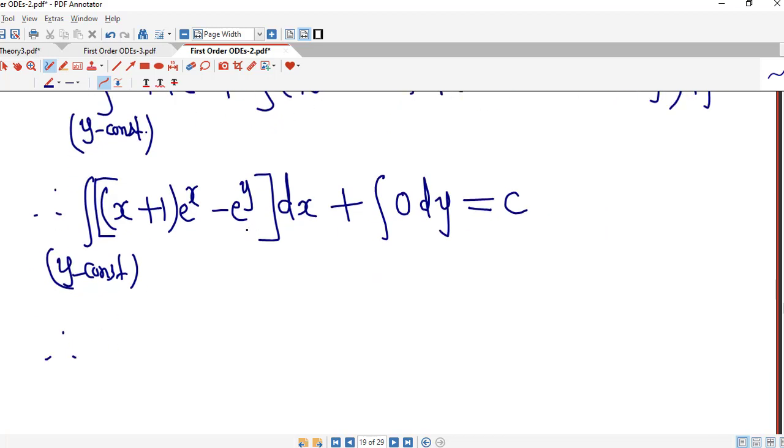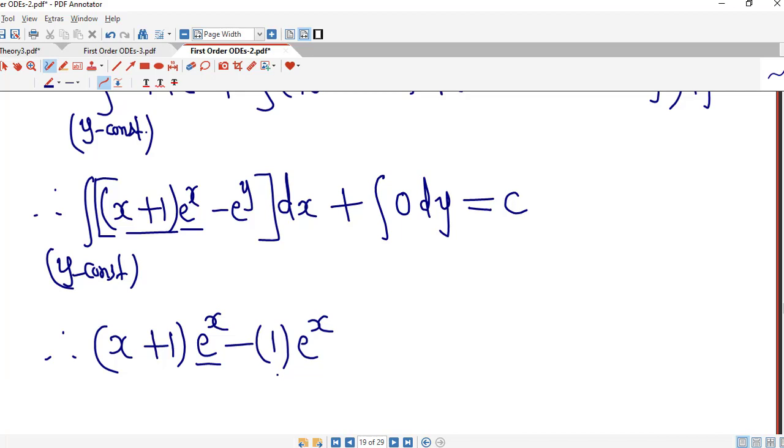Here y is constant, and we have to apply integration by parts. x plus 1 as it is, integral of e raised to x is e raised to x, minus the derivative of x plus 1, which is 1, times again the integral of e raised to x, which is e raised to x, then the derivative of 1 is 0. So we stop here, and minus e raised to y constant, the integral of 1 with respect to x is x, equal to c.